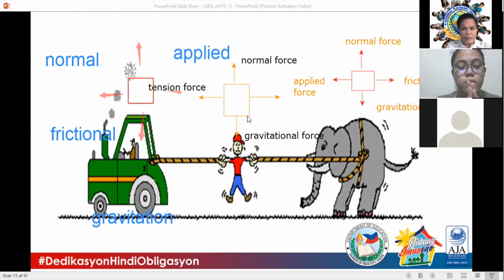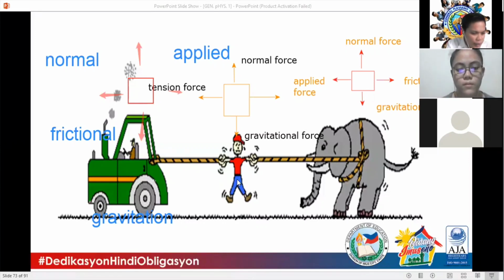Halimbawa, normal force and gravitational force, that is a pair. So, we will identify, in these cases, ano yung mga pair of forces na pwede po nating ma-identify.